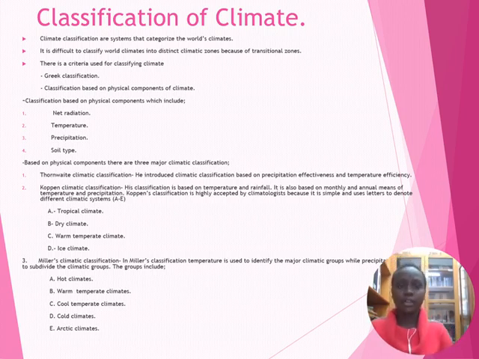In classification of climate, it is very difficult to classify world climate into distinct climatic zones because of transitional zones. What is meant by transitional zones is the boundaries between one climatic condition and another climatic condition.